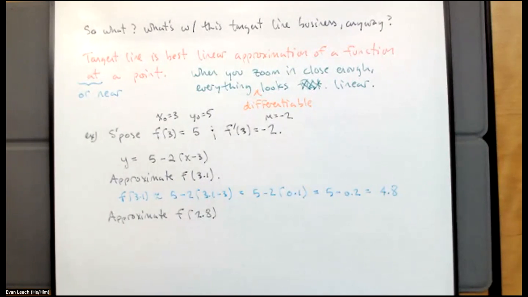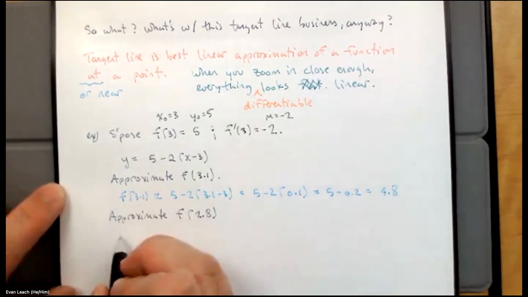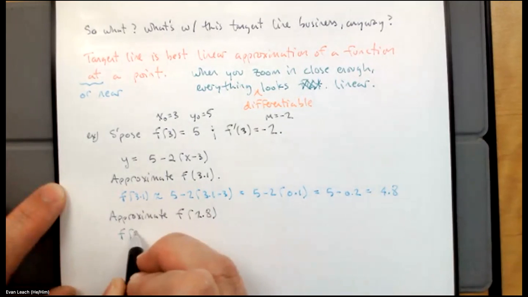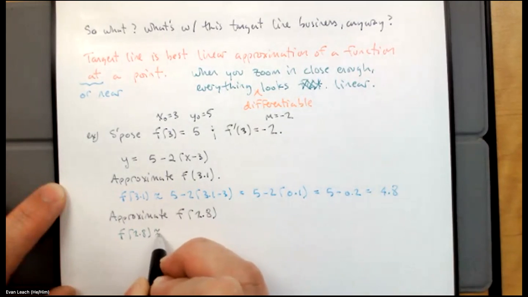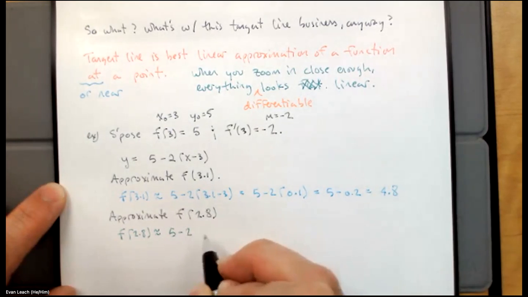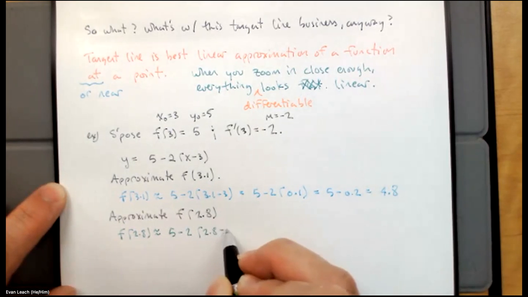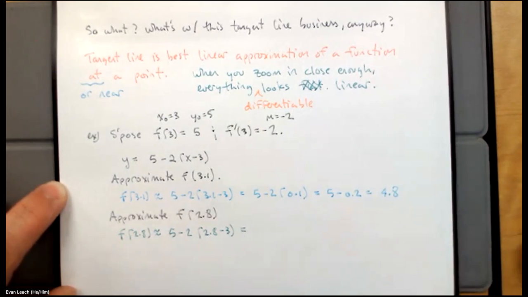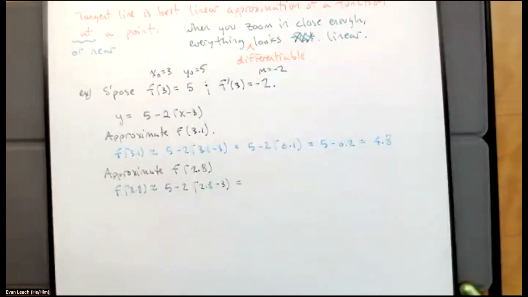We want to approximate f of 2.8. If this is all the information that we have, we could say, well, 2.8 is close to 3. So the best we can do is use this information. So we'll say f of 2.8 is approximately equal to 5 minus 2 times 2.8 minus 3. There's that difference. We're going to subtract or add m every x units, or every run units.